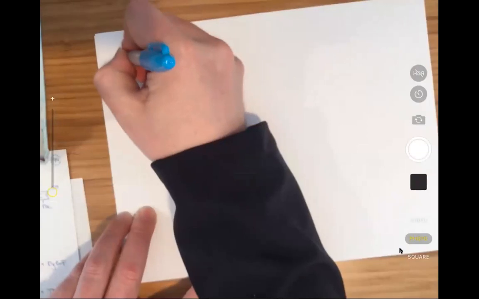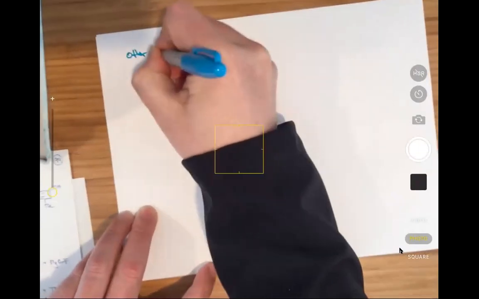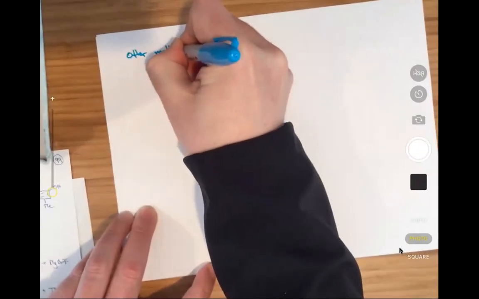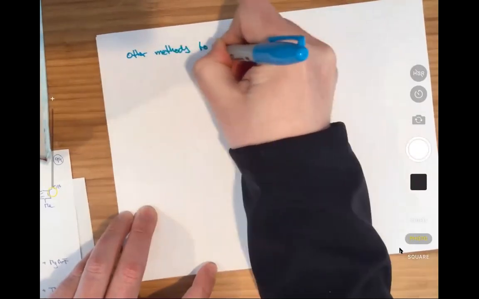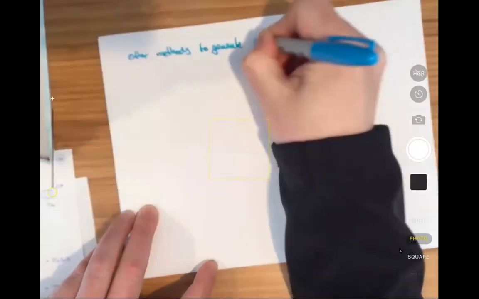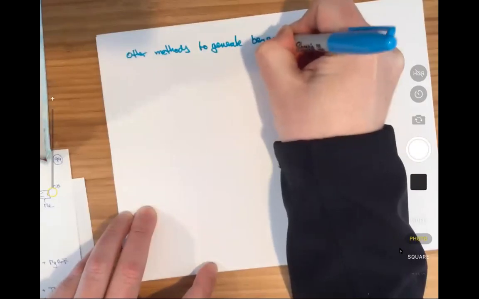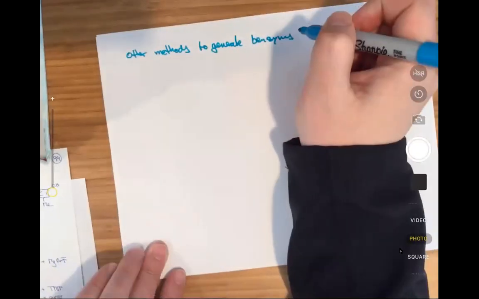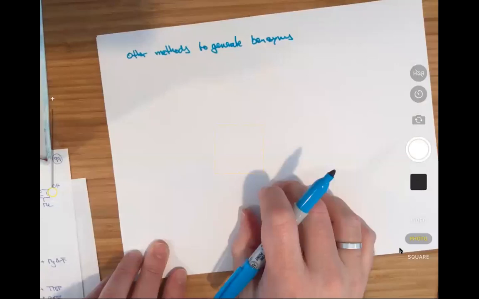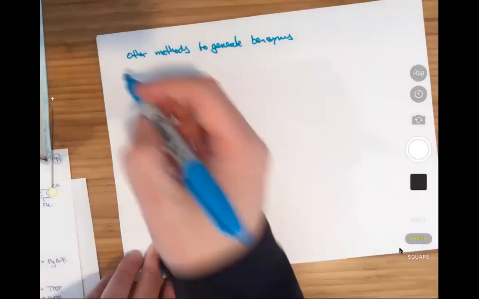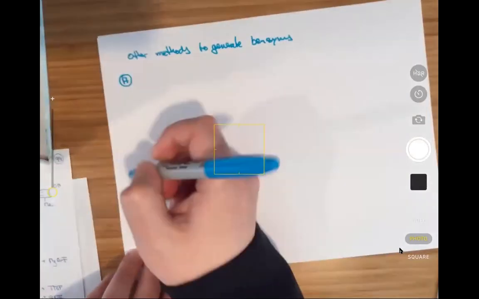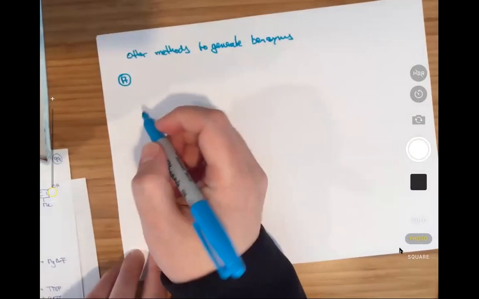So other methods to generate benzynes. Let's say A here. The first one is based essentially on a Grignard reaction.